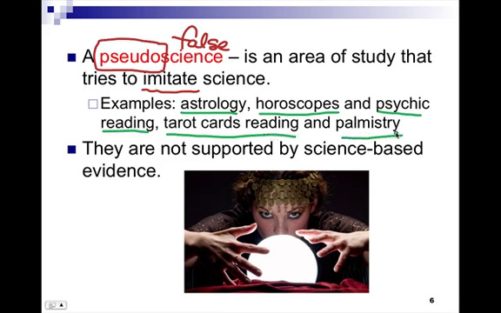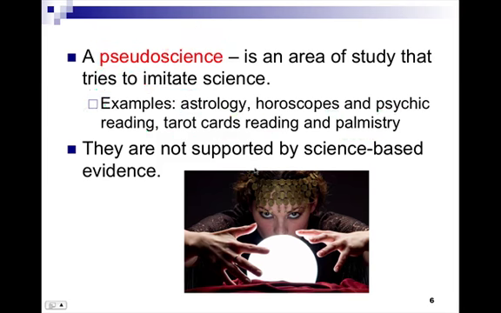All of these are not based or supported by real scientific evidence. Some people get them confused and they say astrology, getting it confused with astronomy, but no, they are not a true science.